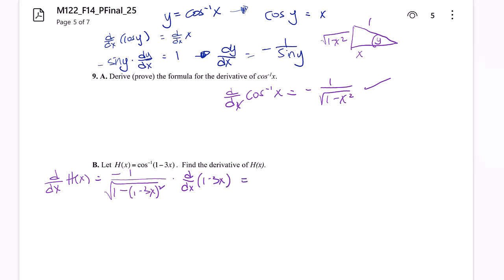Okay, so we end up with a 3 on top. Negative times negative is positive. If you want to follow that out, we get 1 minus 1 plus 6x minus 9x squared. Okay, so that's 6x minus 9x squared.